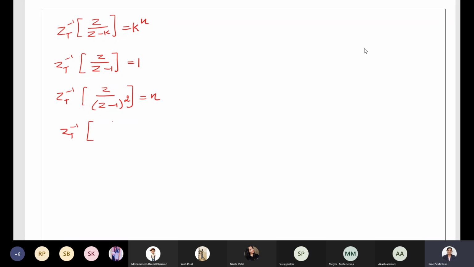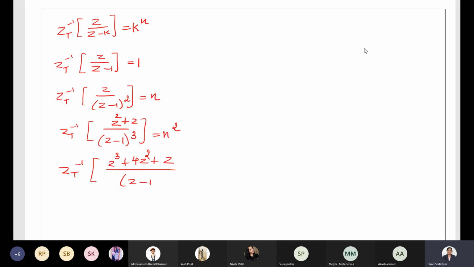Inverse Z transform of Z square plus Z by Z minus 1 whole cube is n square. Next, inverse Z transform of Z cube plus 4Z square plus Z divided by Z minus 1 whole power 4 is n cube. So these are the standard inverse Z transforms which we need to remember.